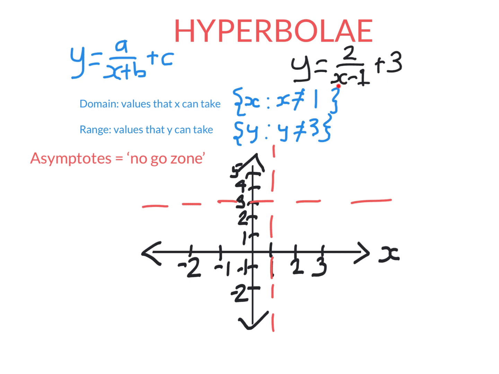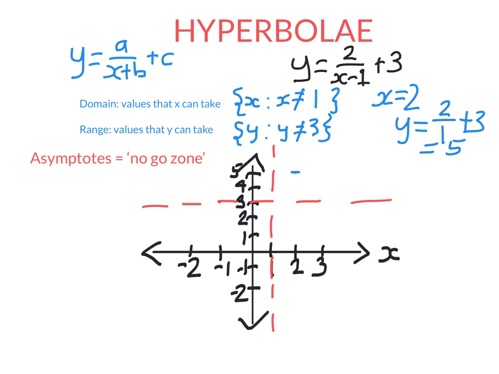So let's substitute x equals 2. If x equals 2, then y equals 2 over 2 minus 1, plus 3, which is 5. When x equals 2, y equals 5 from this equation here. So this graph goes through the point (2, 5).